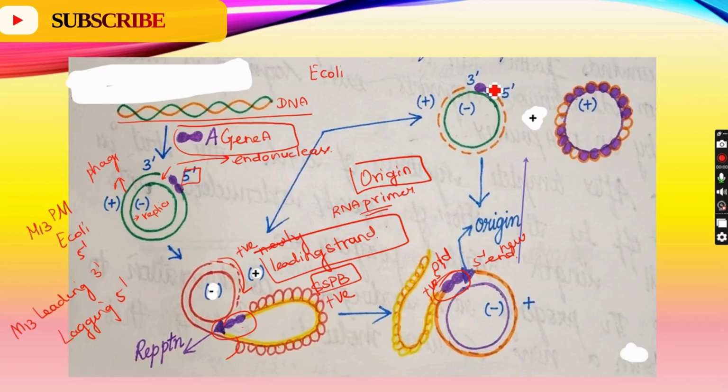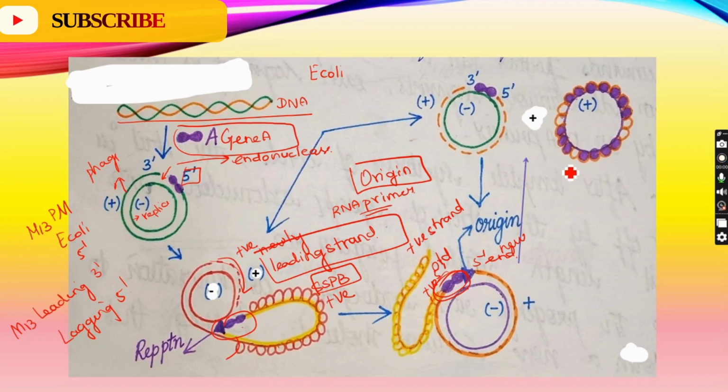Therefore, in the positive strand, the newly formed positive strand is where the gene A protein gets attached, and the already existing positive strand is going to be released from the gene A protein.